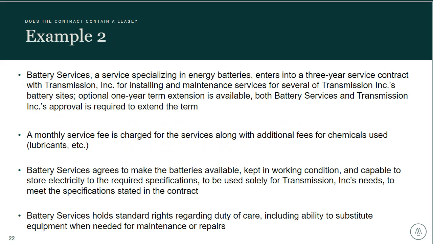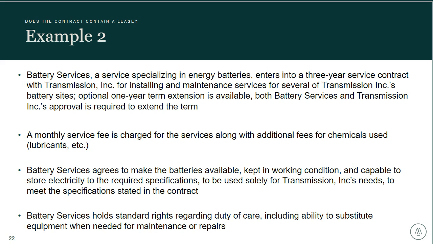All right, let's get into example number 2. Battery Services, a service provider specializing in energy batteries, and we're seeing more of this, so it's interesting, enters into a 3-year service contract, might be more, might be less, with Transmission Inc. for installing and maintaining services for several of Transmission Inc.'s battery sites.